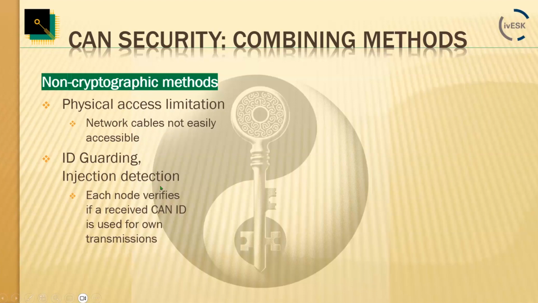And on CAN, there's one simple method that also doesn't require any cryptographic methods, and this is the ID guarding or the injection detection.